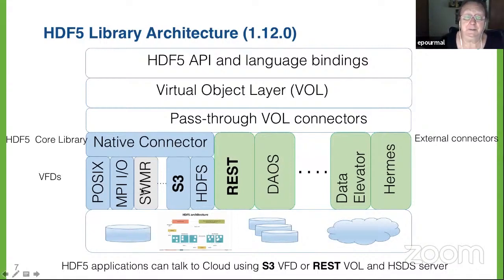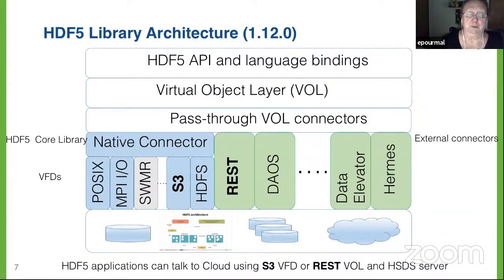Now we're developing a new driver that is called the single writer multiple reader driver, which is different from the feature we have in the library. It will really be pluggable and can be loaded during runtime. And an S3 driver that talks to data stored in the cloud.